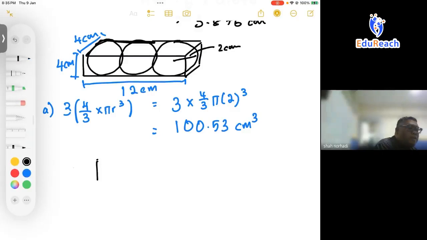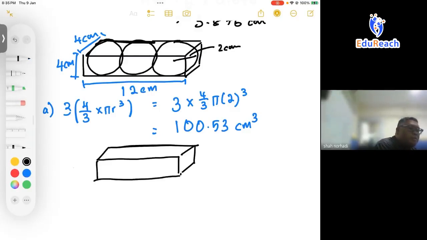All right. So we have the box here, right? The dimensions here are 12 by 4 by 4. Okay, I explain. I make it a bit more obvious. 4 cm, 4 cm. So I'm supposed to find the surface area. Let's find the front area first.